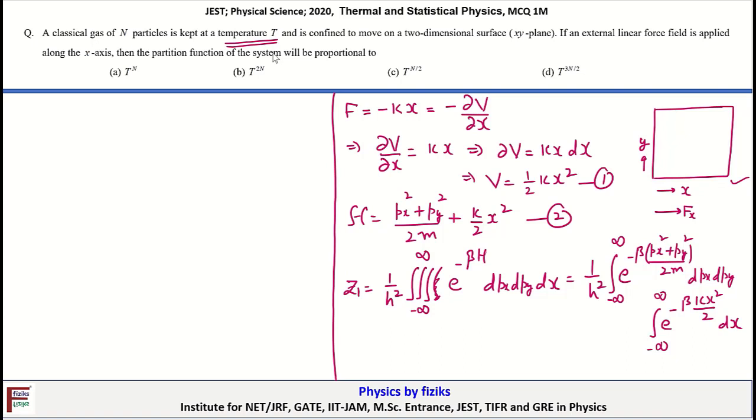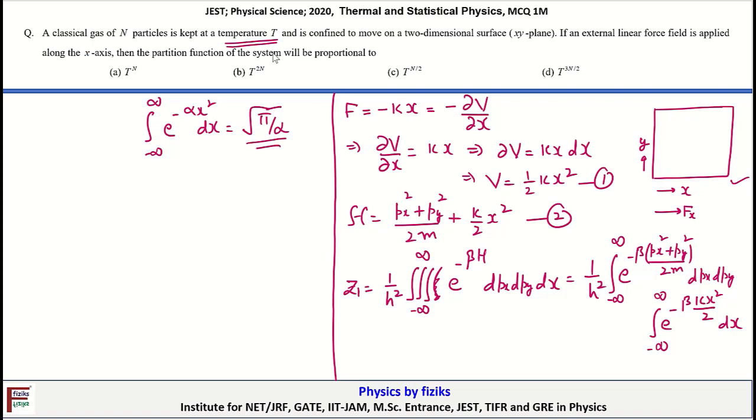Here we will apply a standard integral, minus infinity to infinity exponential minus alpha x square dx, that is equal to under root pi by alpha. By applying this definition in the first part, we will have two integrals, exponential minus beta px square by 2m dpx, and exponential minus beta py square upon 2m dpy.